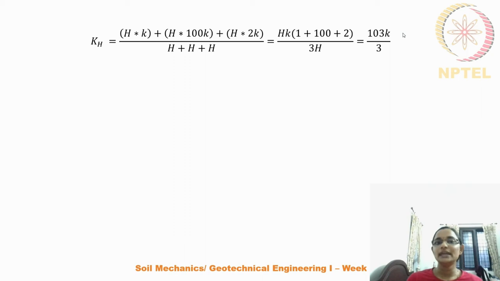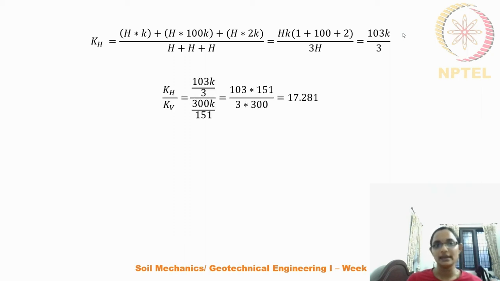Now, we need to take the ratio of horizontal to vertical, that is KH by KV. We get 17.281, that is option B. Option B is the correct answer. Is that clear? Yes, ma'am. So shall we move on to the next question?